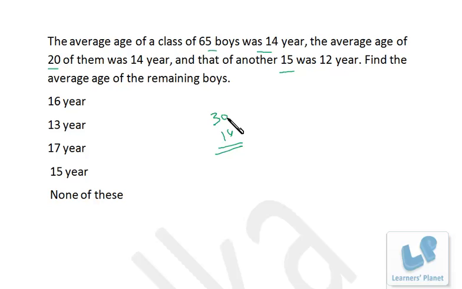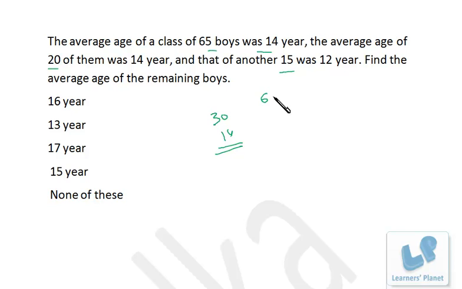So if every student covers up the loss of one, then the overall data, or we can say the average, will be satisfied, right? That means the initial average is 14, so the new average will be 14 plus 1. That means each and every student is going to compensate by 1, right? So this is like a time saving technique.